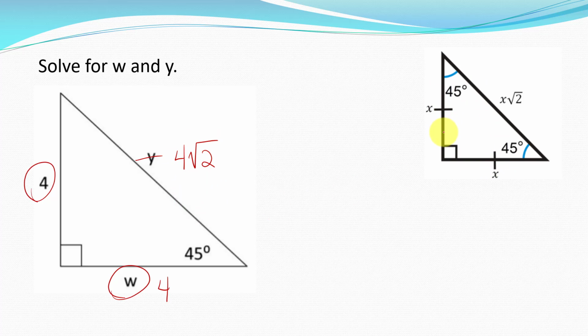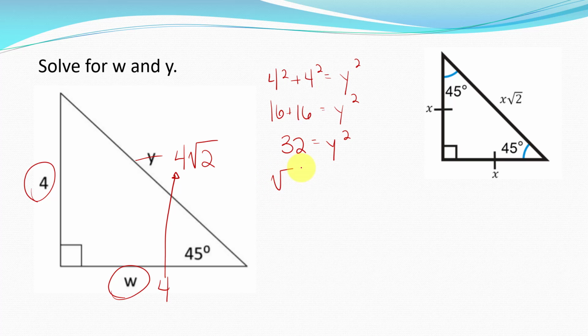Looking at my little chart over here, x and x, the hypotenuse is the leg times square root of 2. If I did this with the Pythagorean theorem, I would say 4 squared plus 4 squared equals y squared. Then 16 plus 16 equals y squared, then 32 equals y squared.